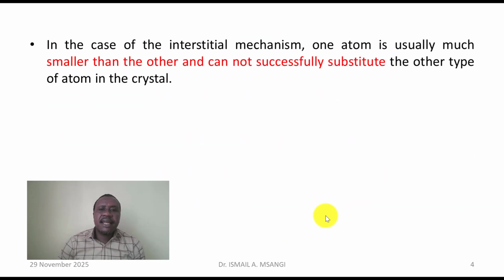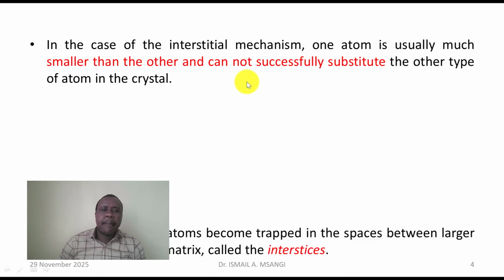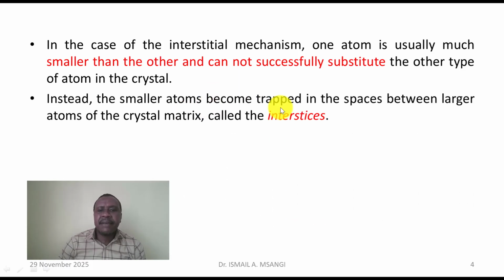But in another scenario where mixed atoms differ much in size, it becomes difficult for smaller atoms to replace the bigger atoms. So what happens is that the smaller atoms will successively be trapped into spaces between the bigger atoms.